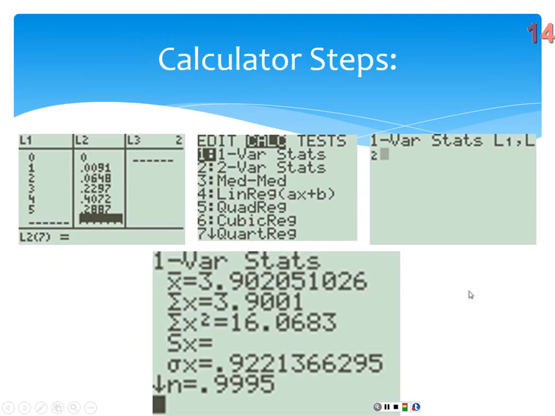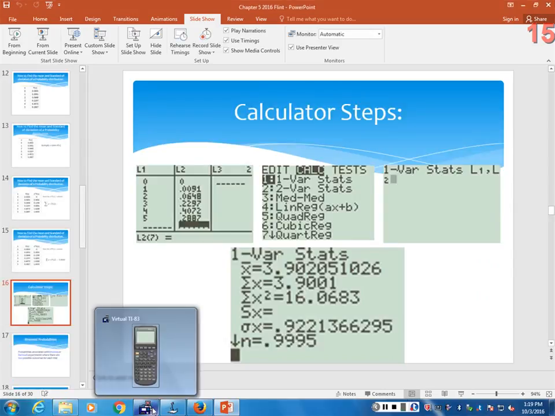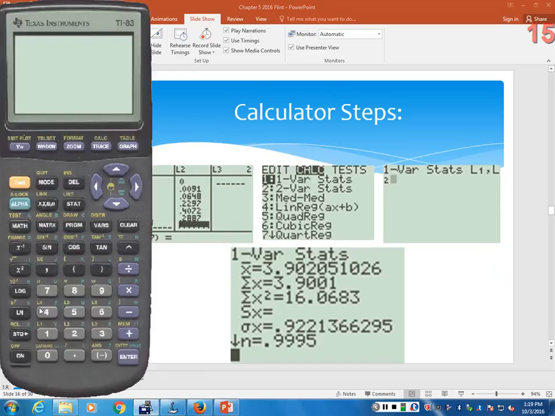But this is the much easier way to do it. So we're going to actually go through the calculator steps here right quick. And then we're going to stop here because this is a convenient place to stop.